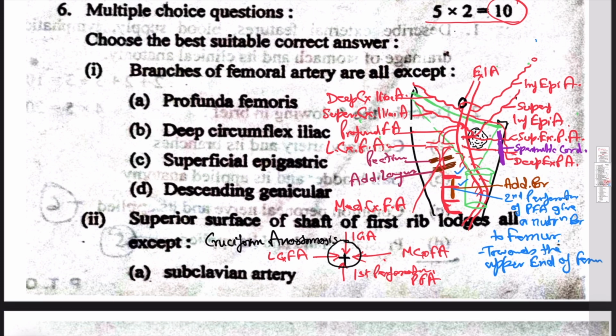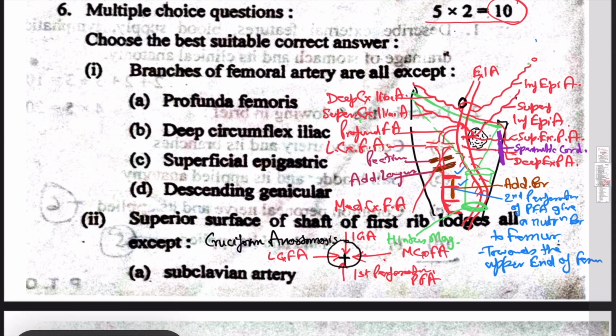Of course, after crossing this opening you're seeing, called the hiatus magnus, coming out through this, it will not be a femoral artery anymore. Now it will be called popliteal artery, right? So that means the last branch of femoral artery will be given in the adductor canal.